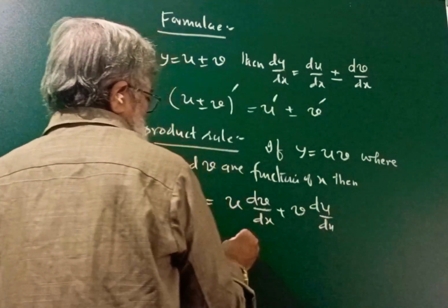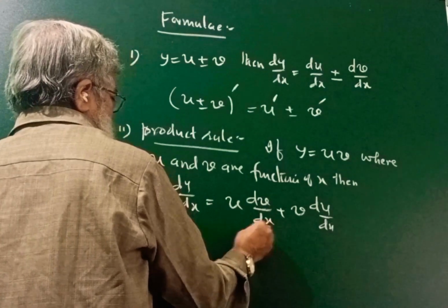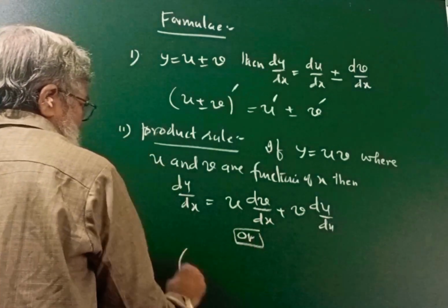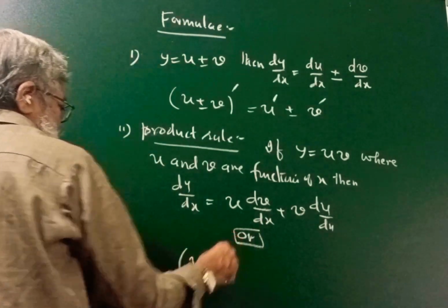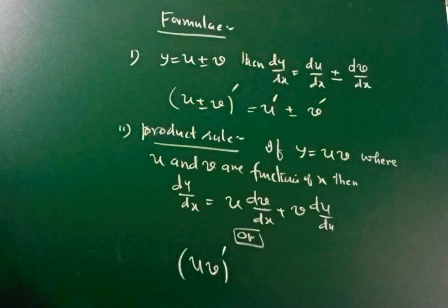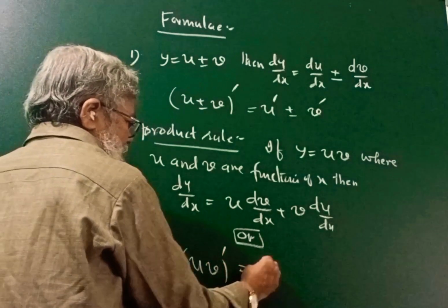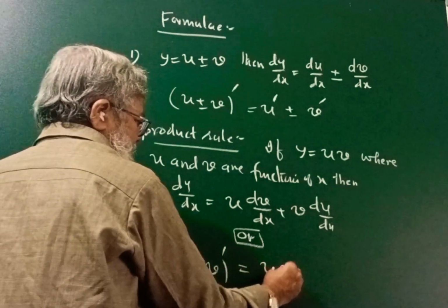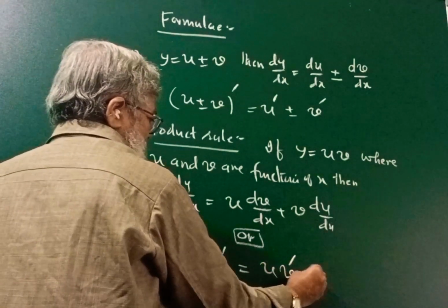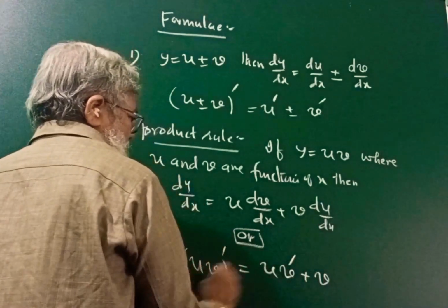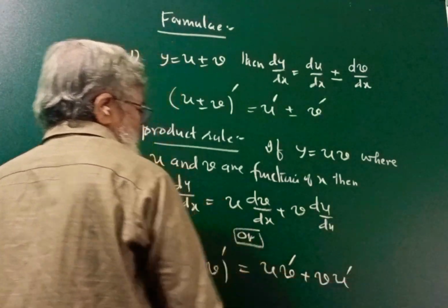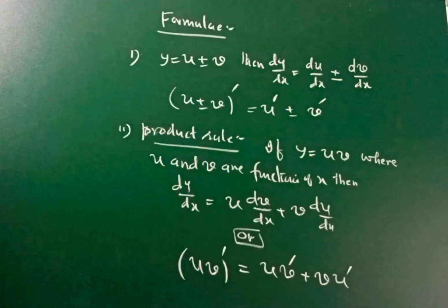It is called the product rule. Sometimes we can write it like this also: (u into v) dash, for differentiation, is given by first function as it is, derivative of second, plus second function as it is, derivative of first. That is called the product rule.